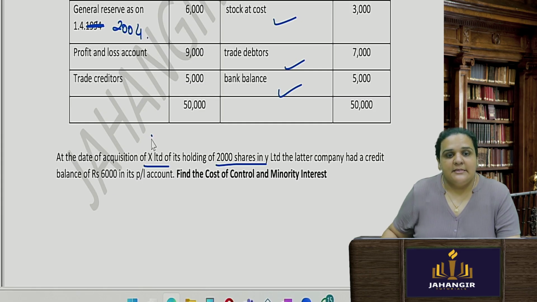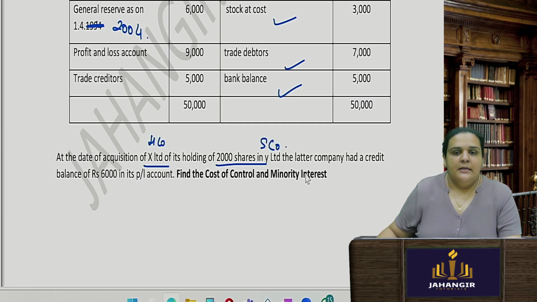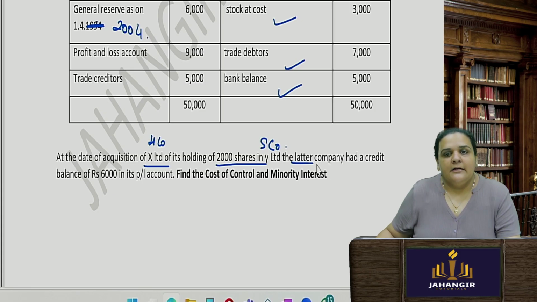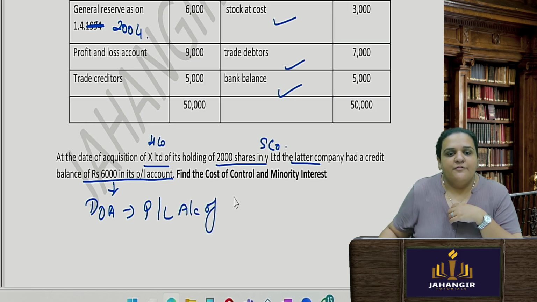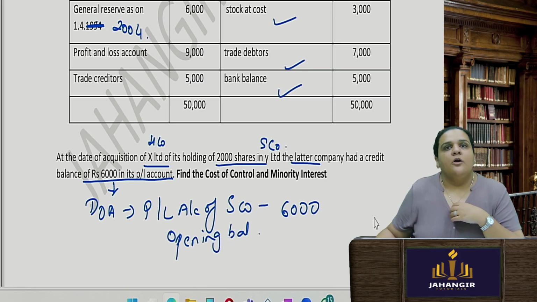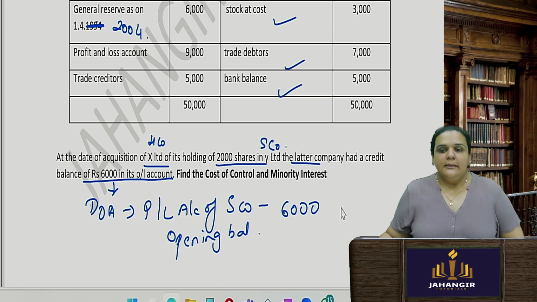That means X Limited is the holding company, Y Limited is the subsidiary company. The latter company, Y Limited, had a credit of rupees 6,000 in its P&L account. That means on the date of acquisition, the P&L account of the subsidiary company showed rupees 6,000. That means it is an opening balance. Find the cost of control and minority interest.